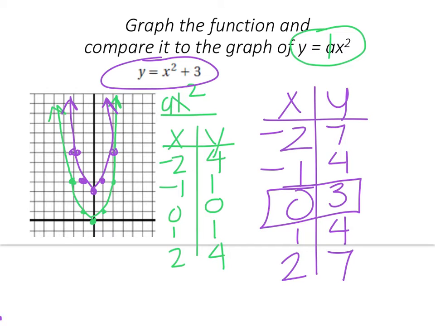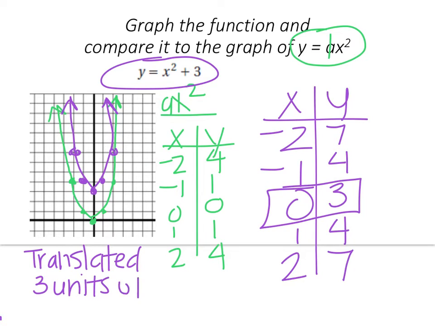The one thing that's different, because the graphs are the same width, is that it translated 3 units up compared to the parent graph. And as you guys might already realize, this c is going to be like our y-intercept. It's going to tell you if we're going to go up or down compared to its parent graph.